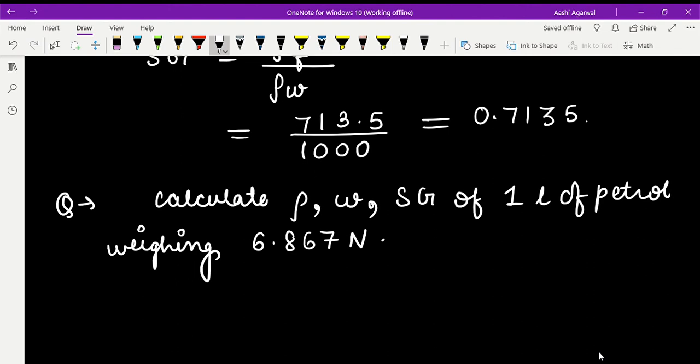So again, a similar type of problem: the weight of the fluid is given to you. The fluid is petrol. So 1 liter of petrol weighs this many Newton. You have to find the density of this petrol, and the specific weight and specific gravity of the petrol.